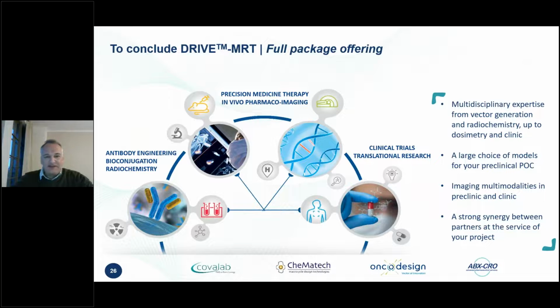So I think this is the moment to hand over to Cyril again. Maybe Cyril, you jump on the DRIVE-MRT. So the DRIVE-MRT really is presented here as a total solution which helps you to bring, whatever your stage of entry is, whether you're in the discovery stage, whether you have a new target, where we can help you in the DRIVE-MRT consortium to identify biological ligands and pharmacophores. We can radiolabel them with the colleagues of Kematec.